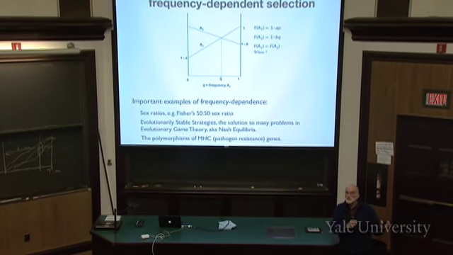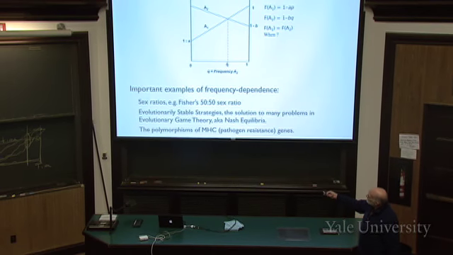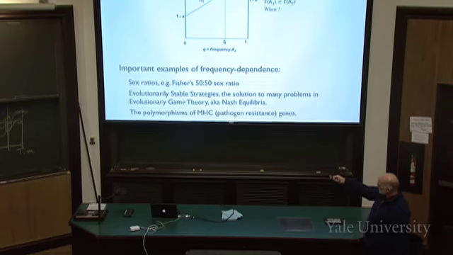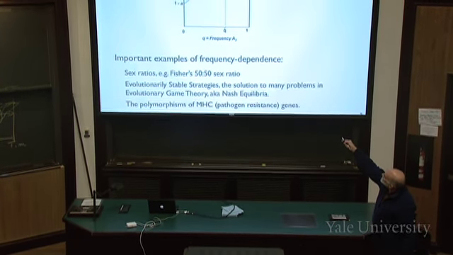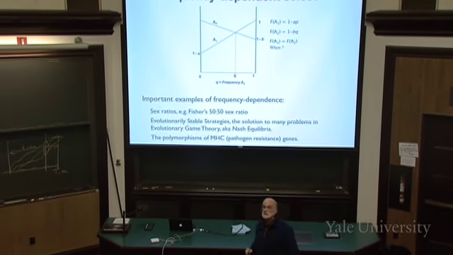The deviations from that are interesting. This kind of thing happens with evolutionary stable strategies, and those are the solution to many problems in evolutionary game theory. They are also called Nash equilibria under certain circumstances, and they are important in economics and political science as well.